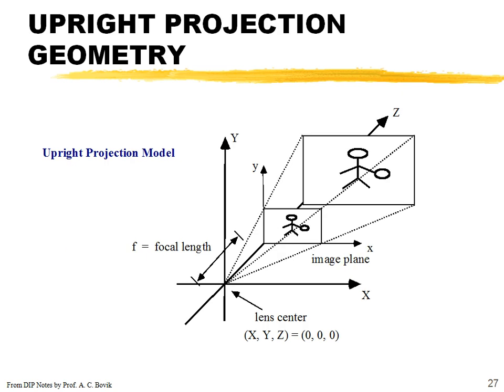Now, of course, rather than actually having a focal length that's behind my lens, if I simply take it in front of the lens by the same distance f, I would end up with what is called an upright projection system. The geometries don't change. All I now have is a projection plane that is the same distance in front of the lens.